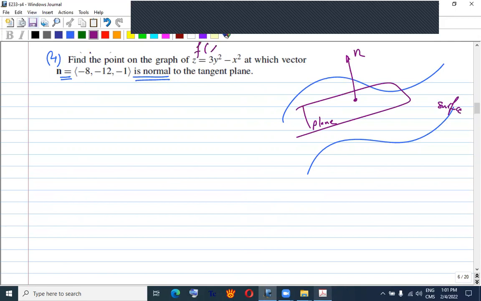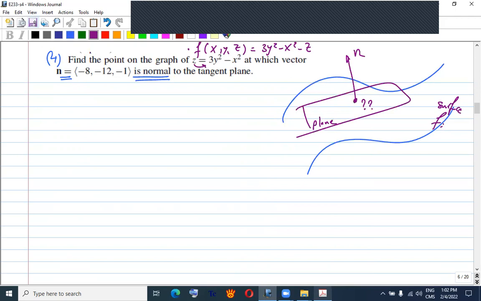So this is the function in x, y, z. I prefer to take z only. Either way it works. Okay, x squared minus 3y squared minus z. Perfect, so this is the surface f. What do you want to find? Find the points on the graph where that happens.